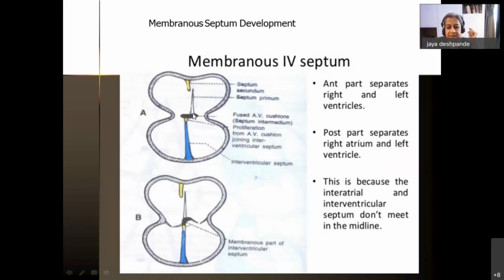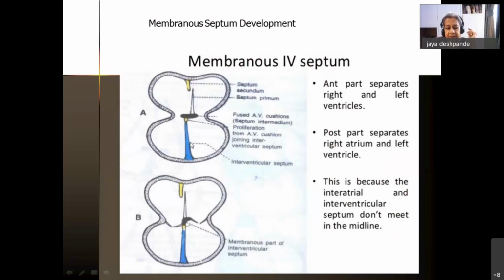There is a little distance between them, and this distance is covered by the membranous septum, that is the fused atrioventricular cushions, the septum intermedium, and proliferation of cells from the endocardial cushions joins the interventricular septum. So the posterior part of the muscular interventricular septum actually separates the primitive right atrium from the primitive left ventricle.